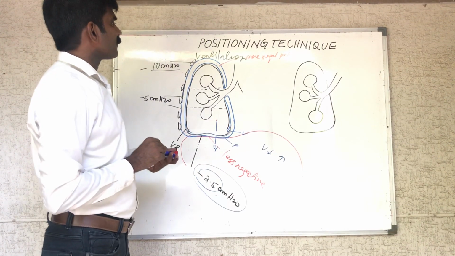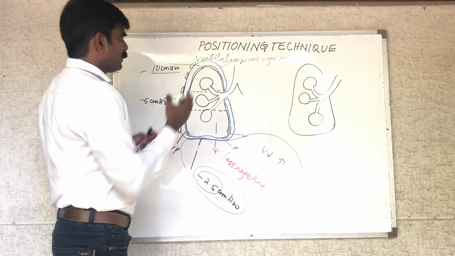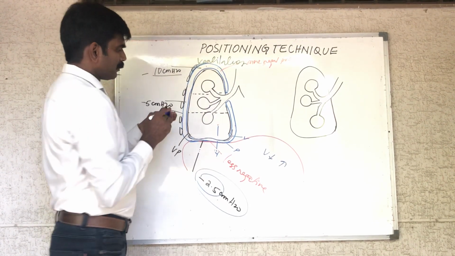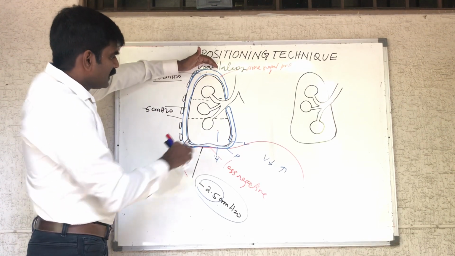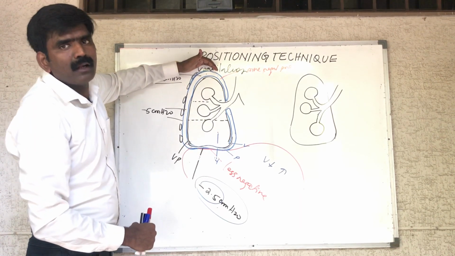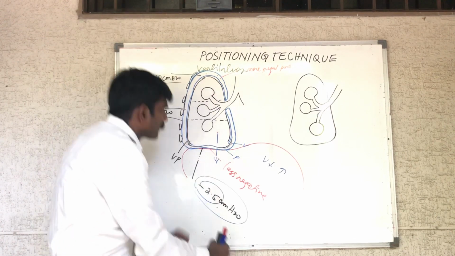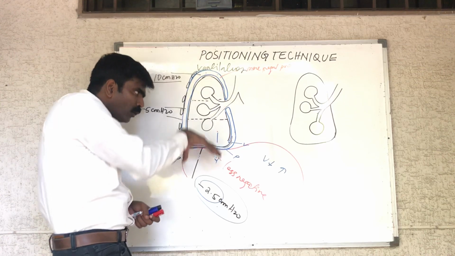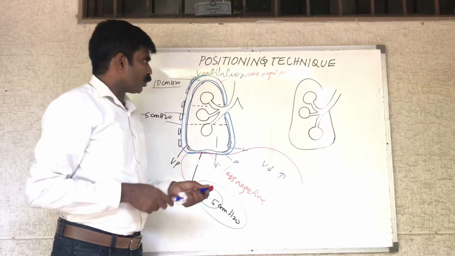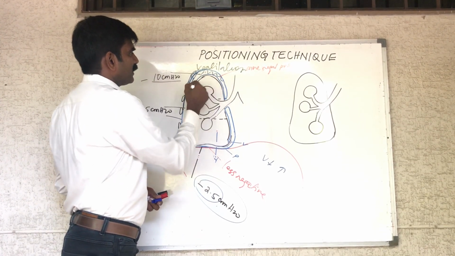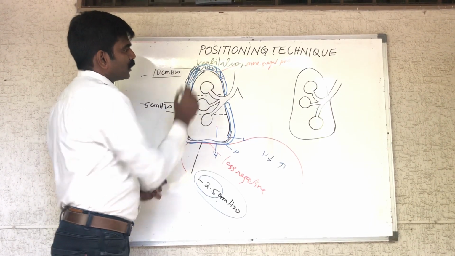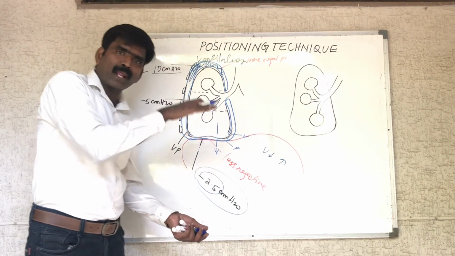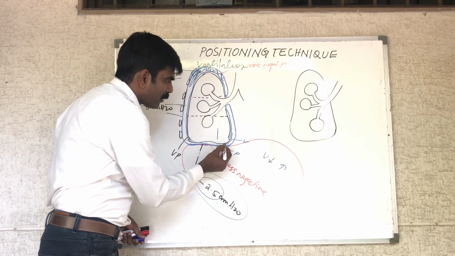What happens here at the apical lobe? The parietal pleura is closely attached to the ribs, and because of the gravity, the lung comes down. When the lung comes down, the visceral pleura also comes down along with it. So here the intrapleural space is more. Down below it is less because the pleura is compressed between the diaphragm and the lung.